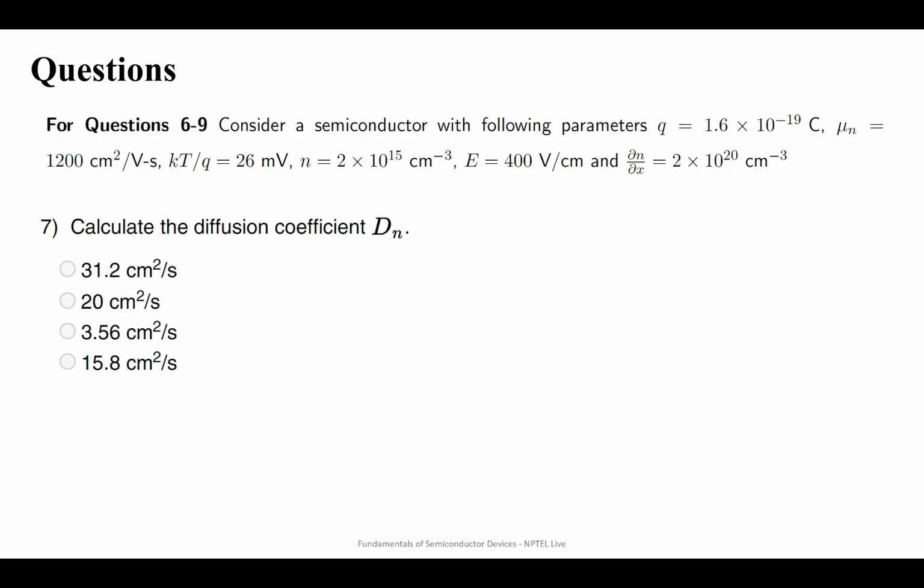Next is calculate the diffusion coefficient Dn. The options are 31.2 centimeter square per second, 20 centimeter square per second, 3.56 centimeter square per second, 15.8 centimeter square per second.